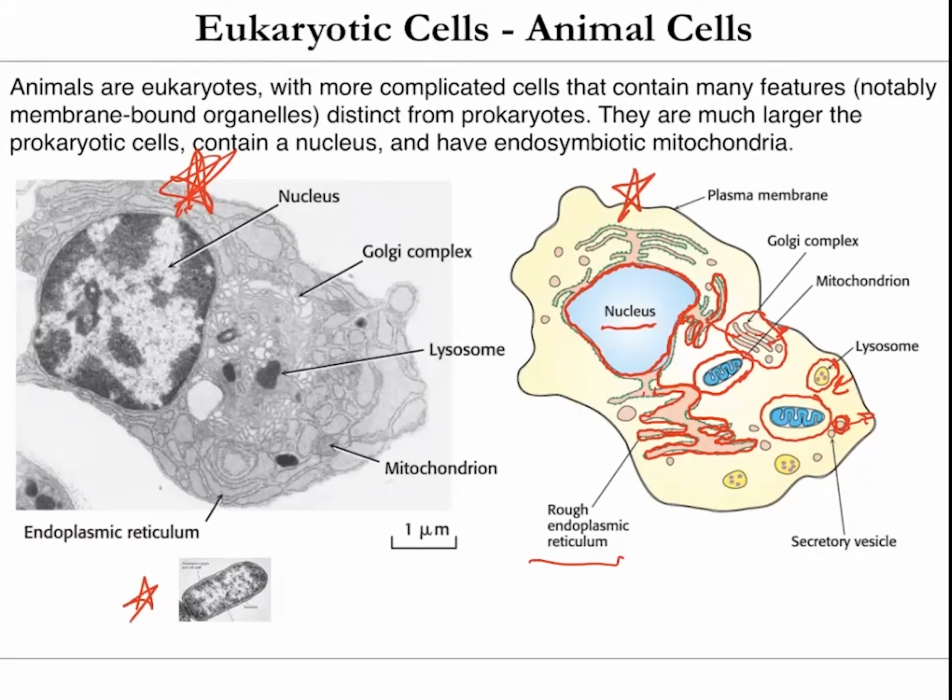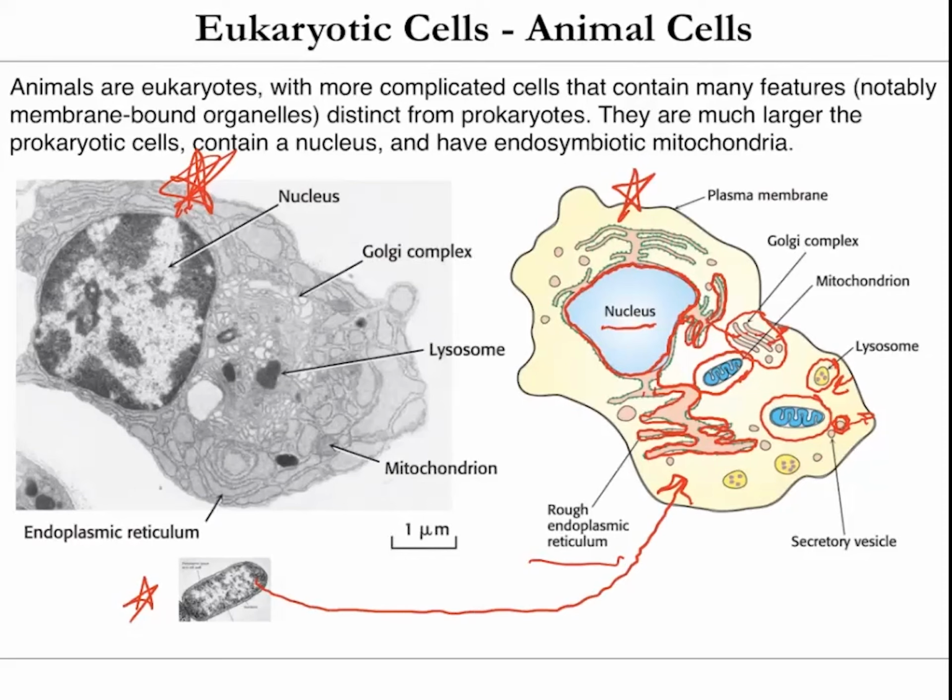There's a lot of evidence to suggest that mitochondria arose from an endosymbiotic event, where prokaryotic cells got taken up and lived symbiotically within these eukaryotic cells. Mitochondria actually carry some of their own genetic material, so they have their own genes. We'll talk a bit more about that in a bit.